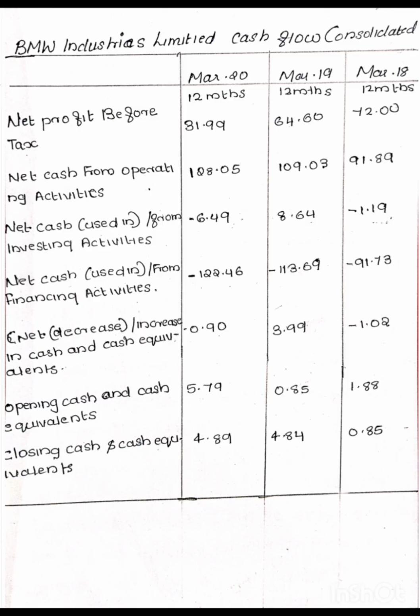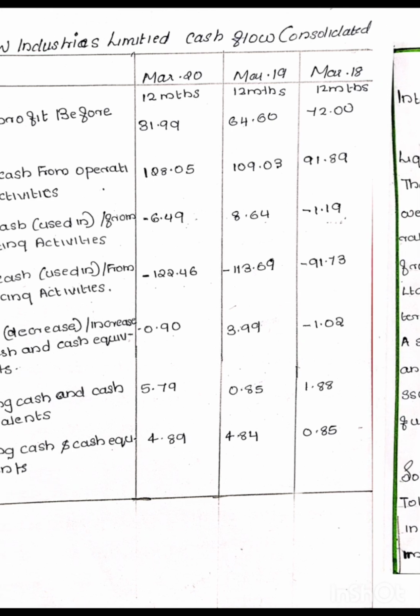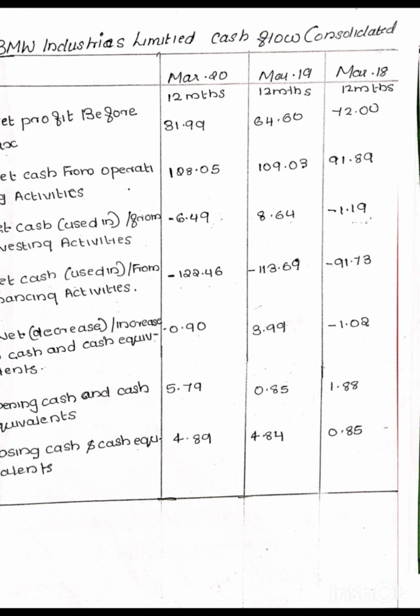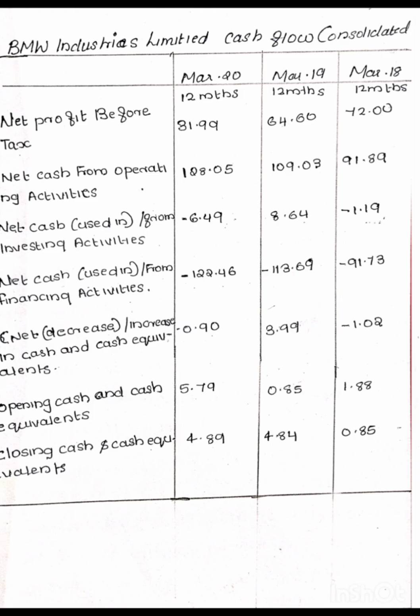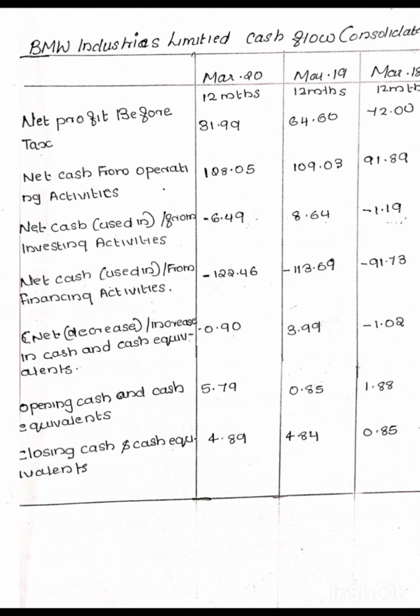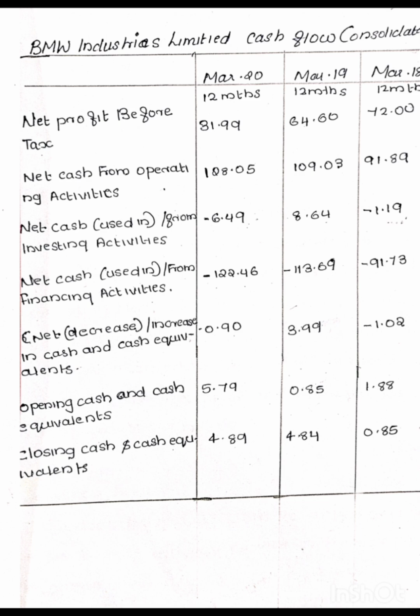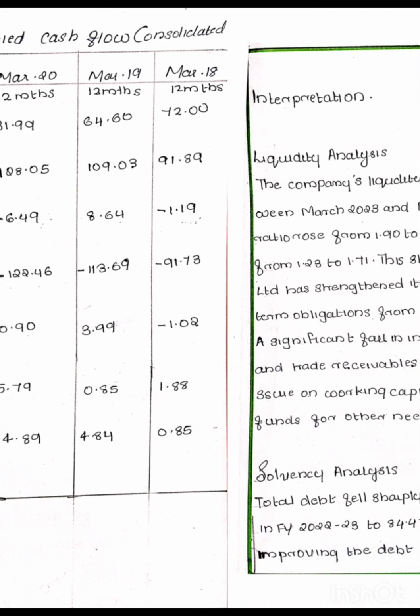Net cash used in financing activities is minus 122.46, minus 113.69, minus 91.73. Net decrease or increase in cash and cash equivalents is minus 0.90, then 0.99, minus 1.02. Opening cash and cash equivalents are 5.79, 0.85, 1.88. Then closing cash and cash equivalents are 4.49, 4.84, 0.85.